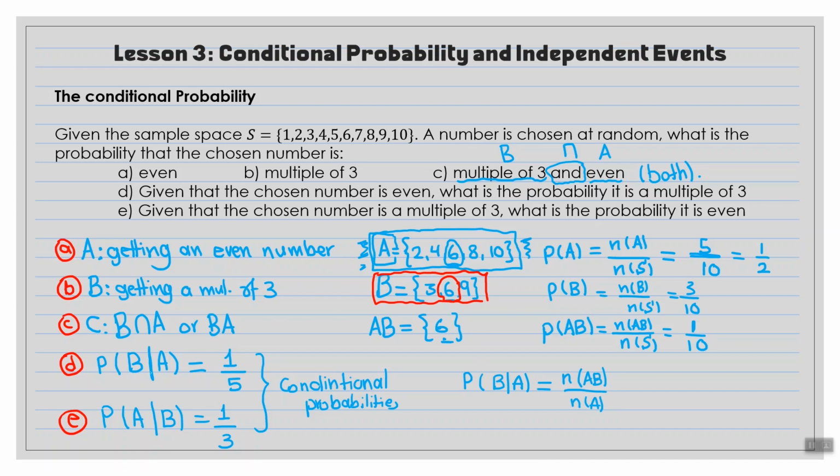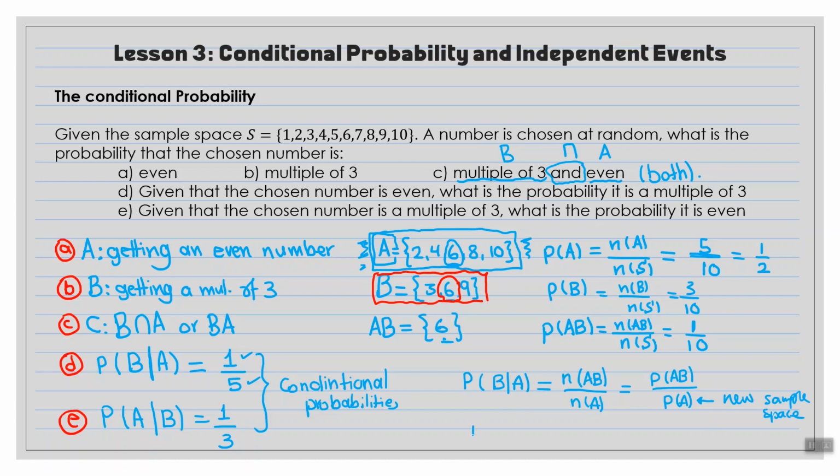So we got 1 over 5. And this can also be written as the probability of AB over the probability of A. Notice that the denominator now is not the number of S, it's the number of A. Why? Because this is the new sample space. We can think of it like this. It's a new sample space.